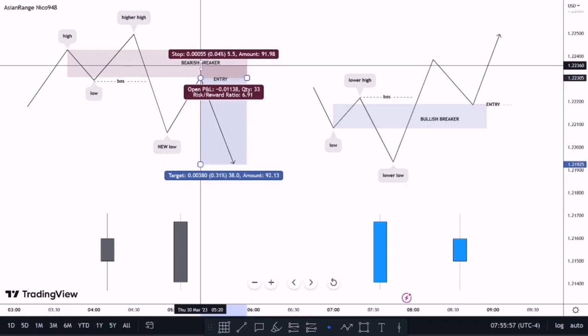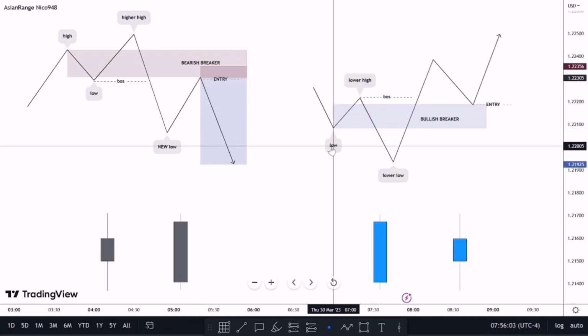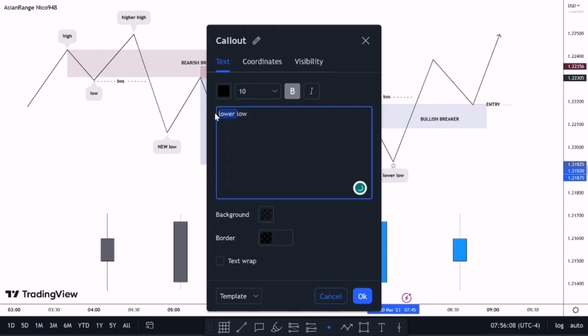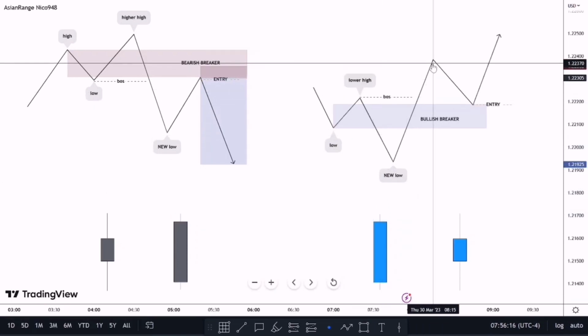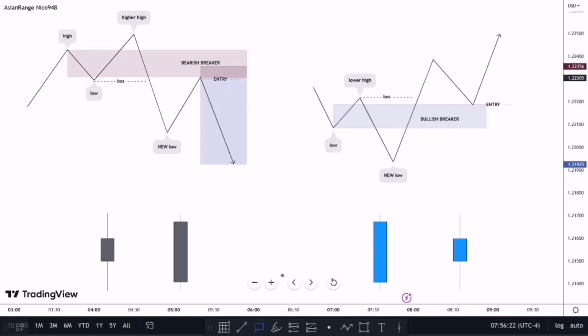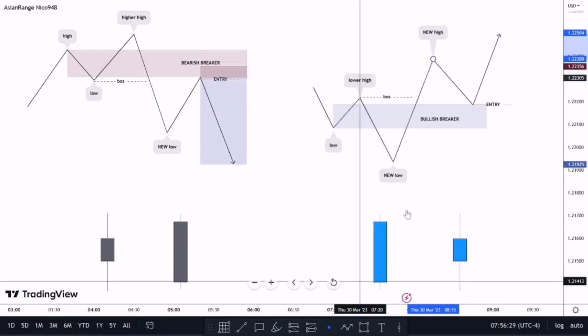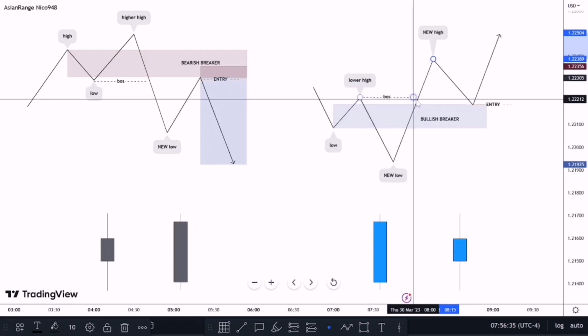Then for our bullish breaker block, we want to see price creating a downtrend, creating a low, lower high, and then a new low, right? From there, what we want to see is price extending all the way up, creating a new high, which is relatively higher than this high on the left side, breaking structure, right?